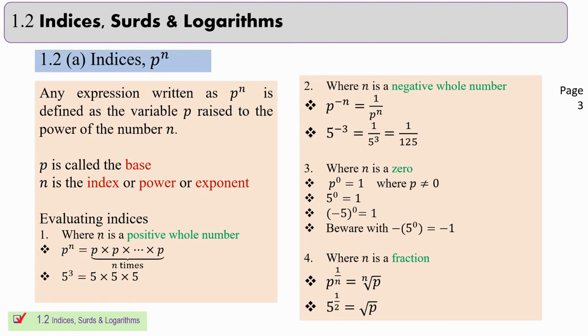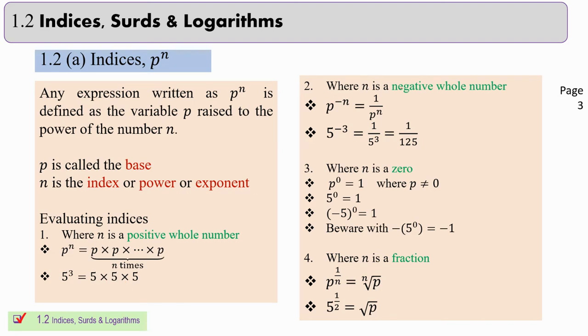The first one, if your n is a positive whole number, it means that your p is repeated n times. So for example, if you have 5 power of 3, it means that your 5 is repeated 3 times and the connector is multiplication.